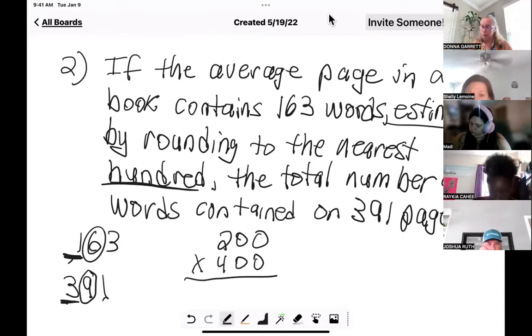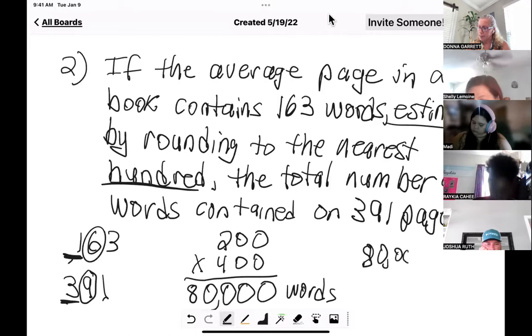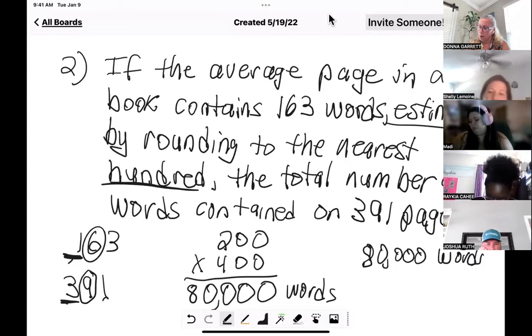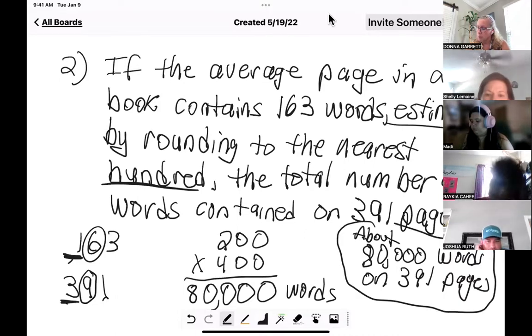How many zeros do we have? 4. 1, 2, 3, 4. 80,000 words on 391 pages. I should put the word about, we rounded, right? We did estimating. So about 80,000 words on 391 pages.